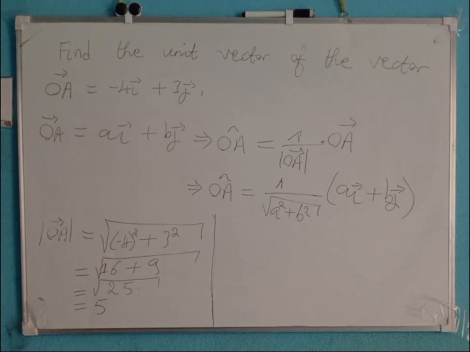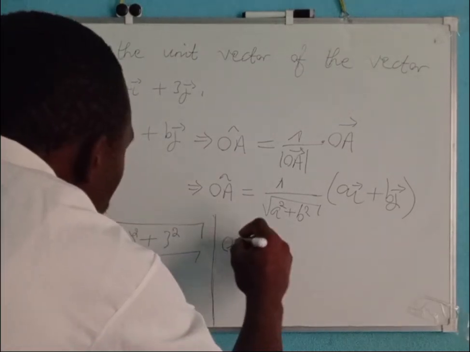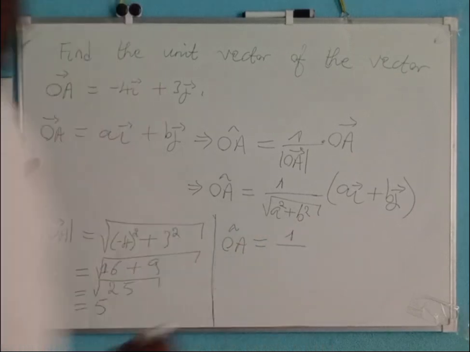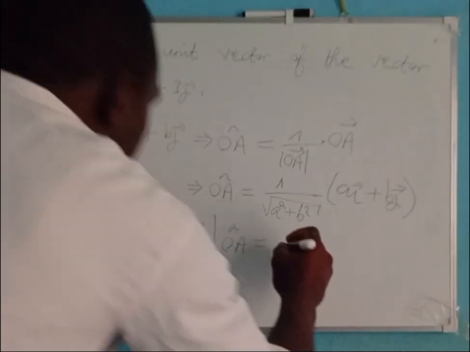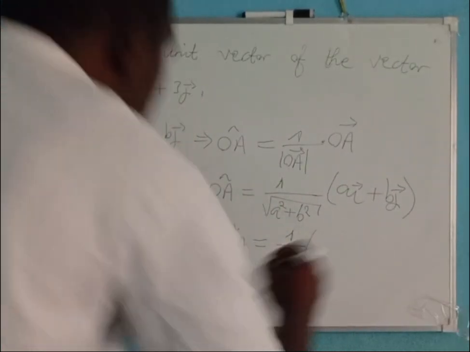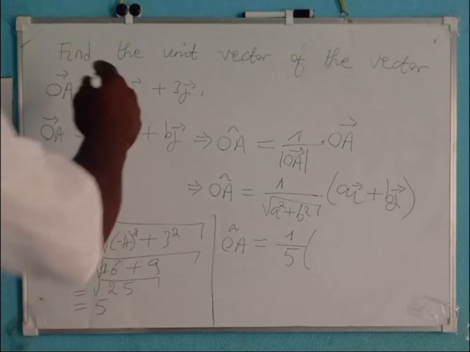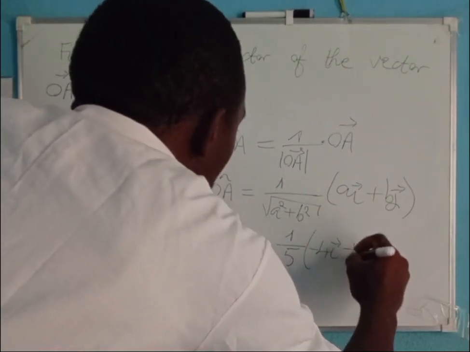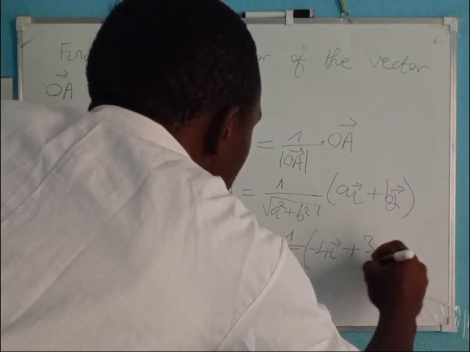Knowing the magnitude of the vector OA, we can write down the unit vector of the vector OA. OA cap will simply be equal to 1 over the magnitude of OA, which is 5, times the vector OA, negative 4i plus 3j.